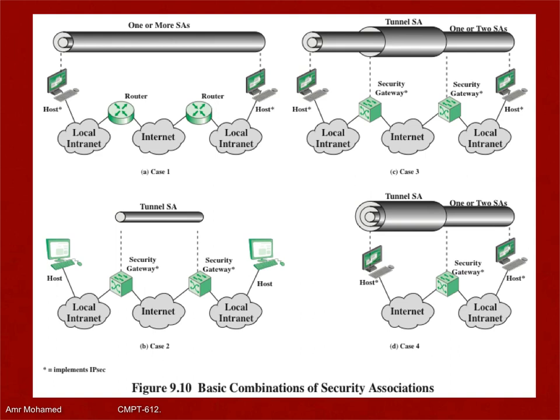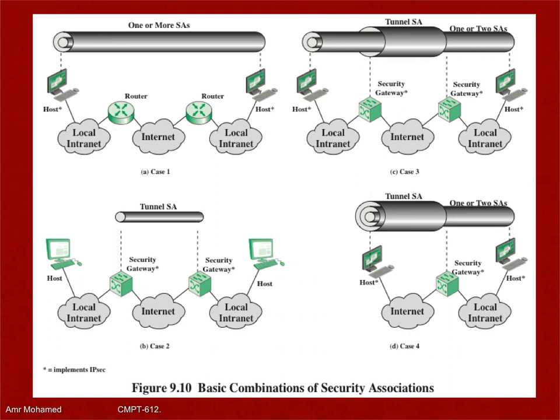So this is a tunnel mode. And there is a transport mode tunnel for host-to-host security, which uses two bundled security associations, one for ESP and one for AH, which goes through a tunnel mode. So remember, host to a network uses a tunnel mode. The transport mode is only used for host-to-host. Why?